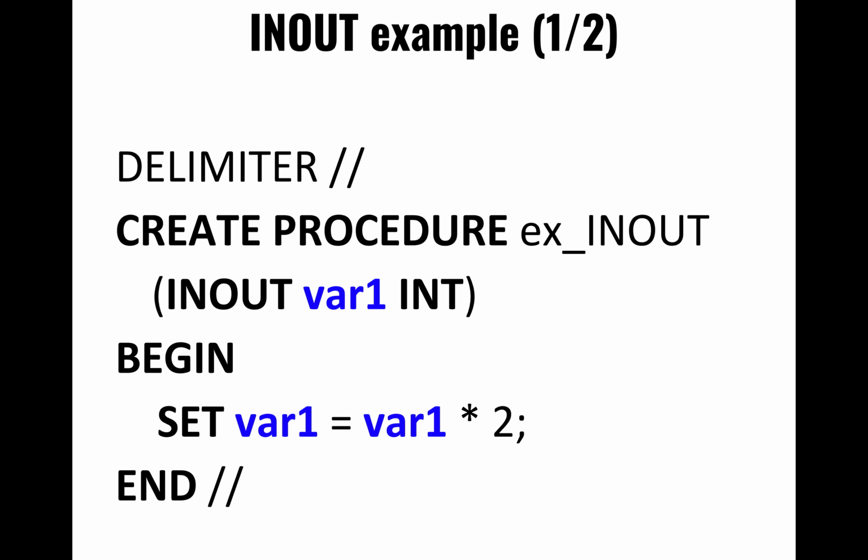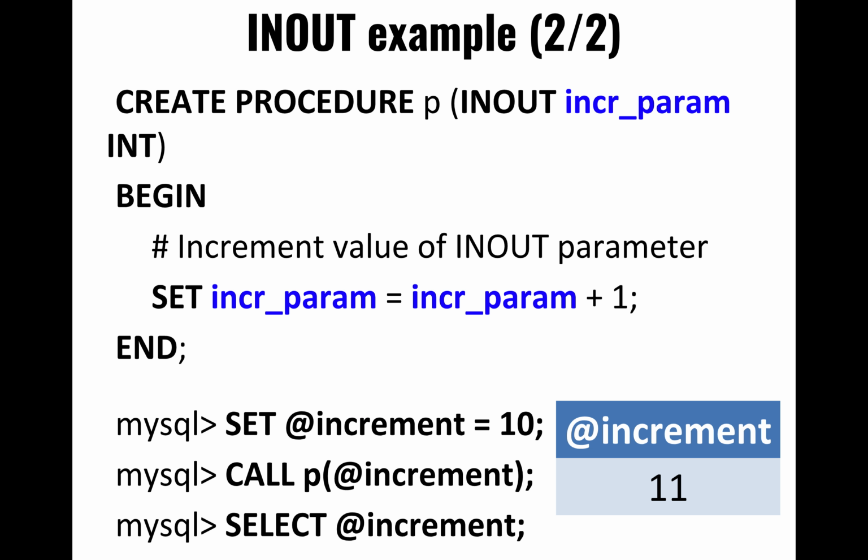Here's one that behaves both ways. I can pass it in, and it can be modified by the stored procedure, and then I will see those modifications outside of the stored procedure. Here we are declaring the increment parameter as an in-out, meaning it's being passed as a reference.